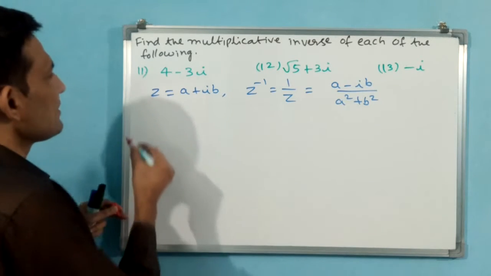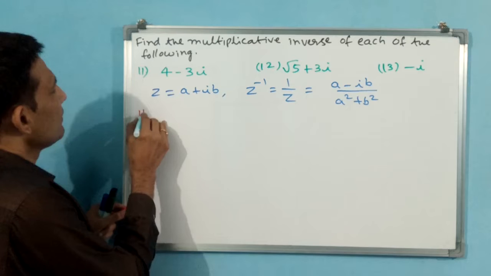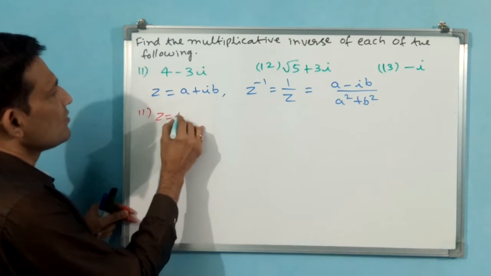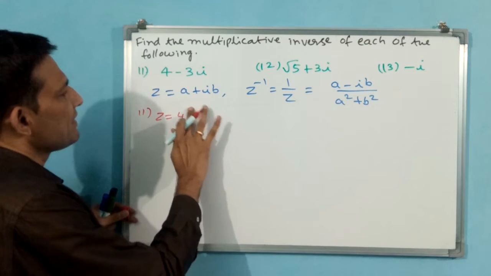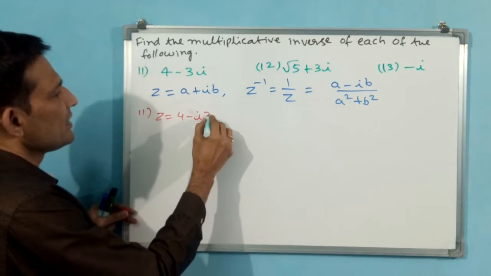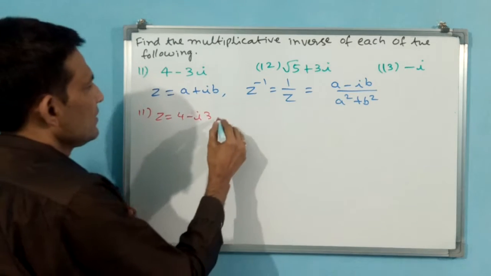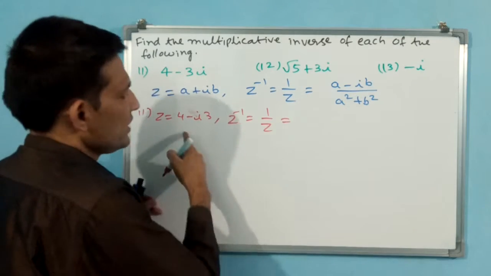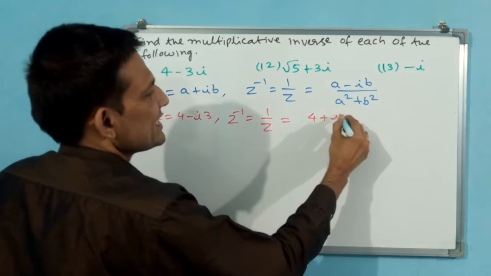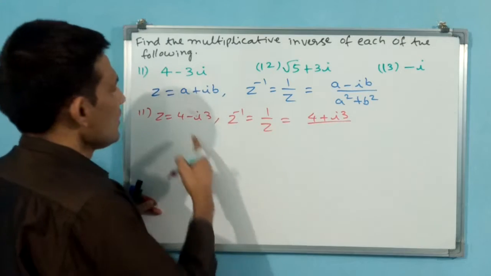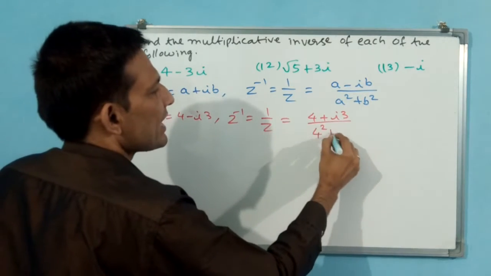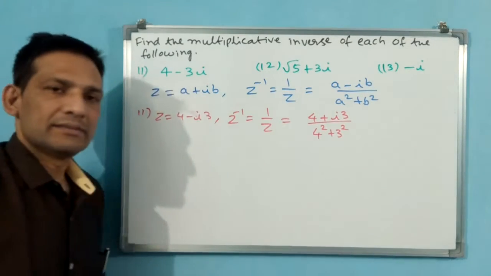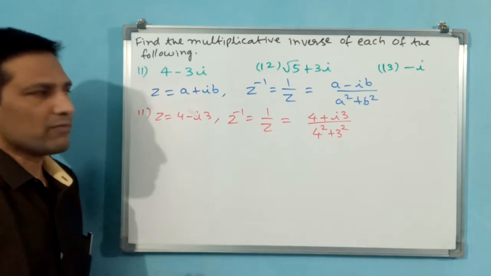Let us take the 11th question first. Z is equal to 4 minus I3. I will write I3, they have written 3I. Z inverse, or 1 by Z, is equal to 4 plus I3 divided by 4 square plus 3 square. Why 4 plus I3?